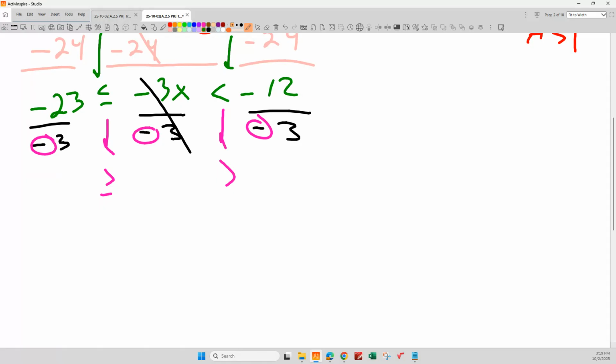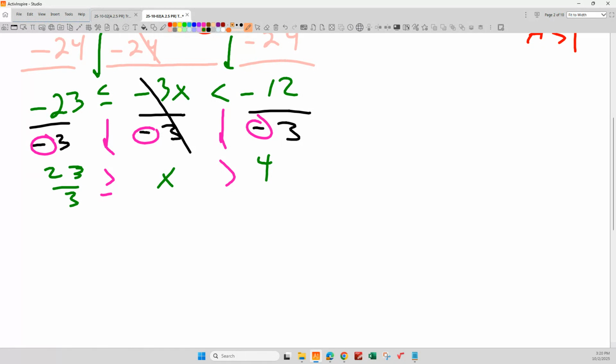So I've got my x in the middle. It's going to be less than or equal to 23/3, and it's going to be greater than negative 12 divided by negative 3 is what? 4. Good. Now remember, we always start in the middle, but this is backwards, isn't it?